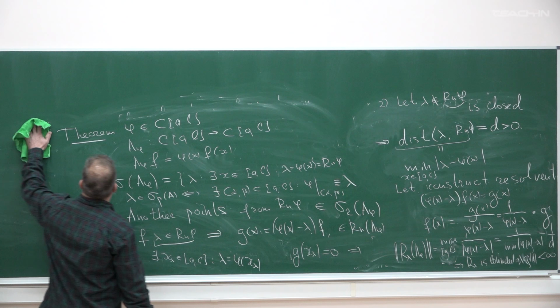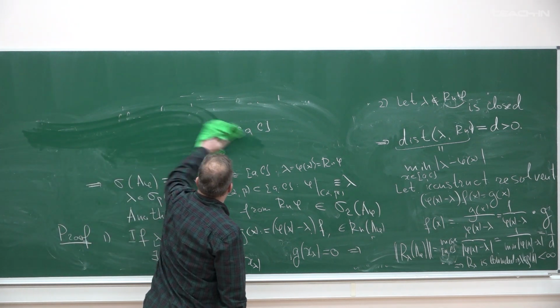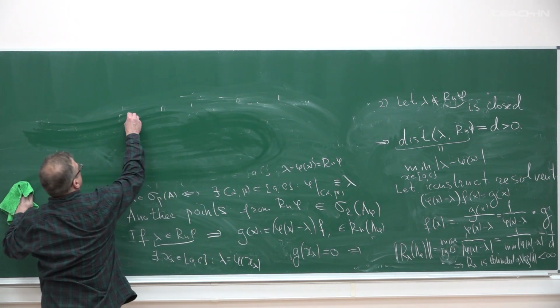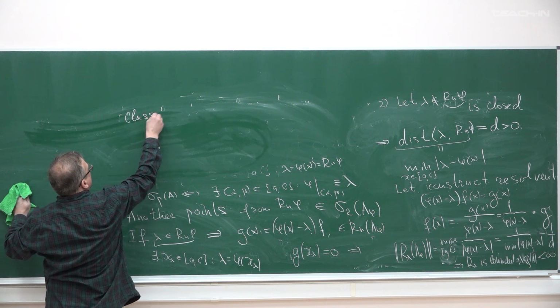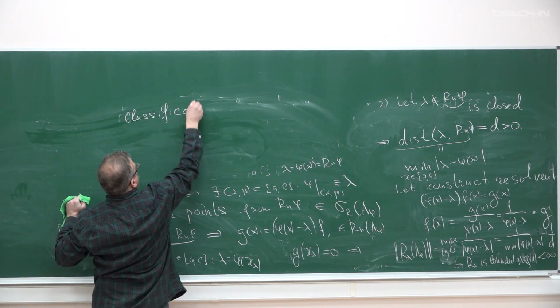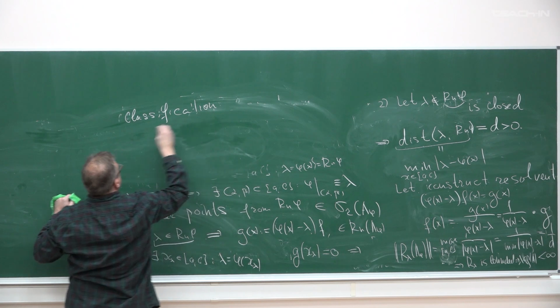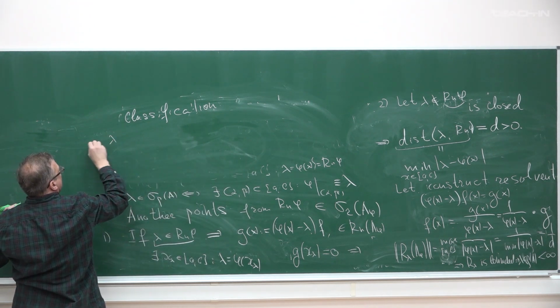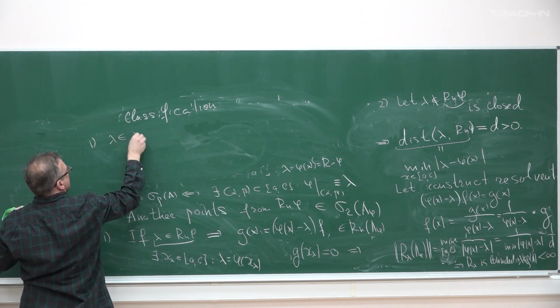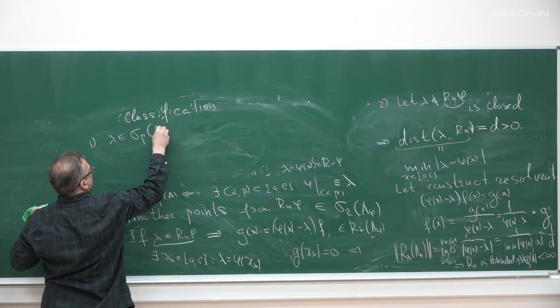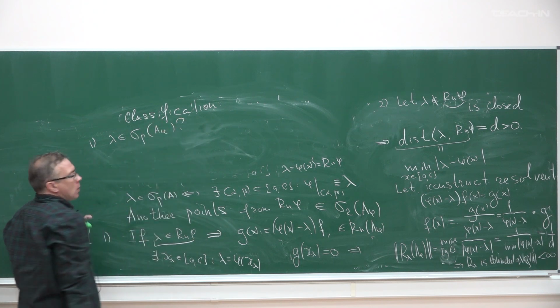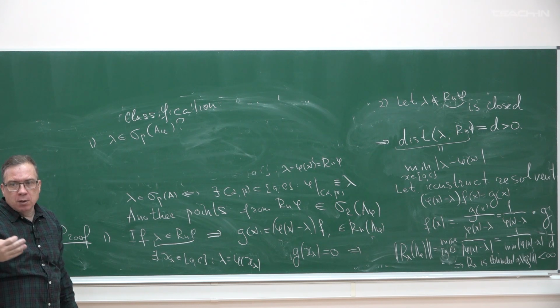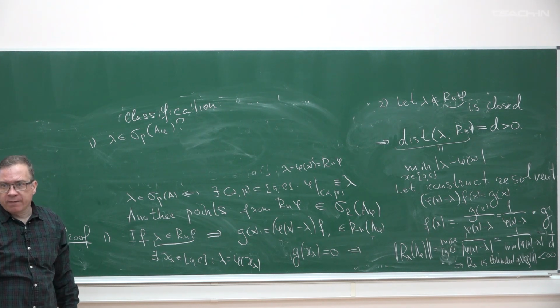What can we say about classification? First, when lambda lies in the point spectrum, there must be an eigenfunction.